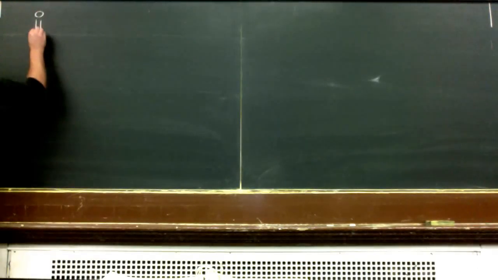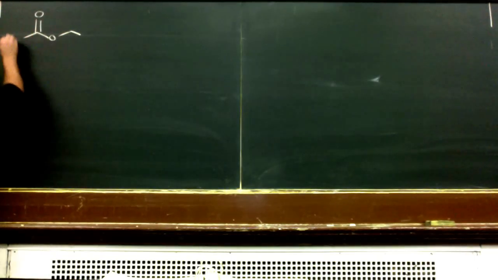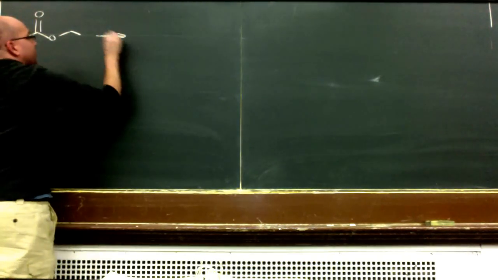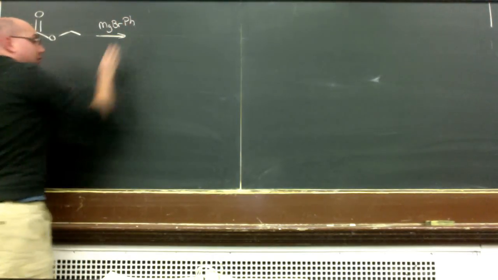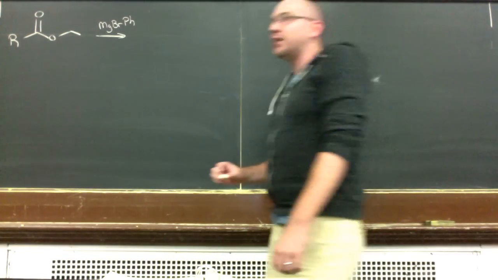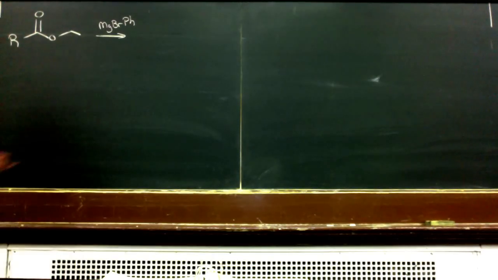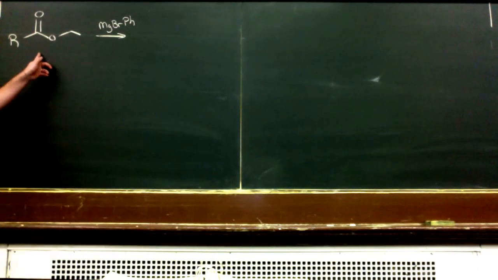We discussed that if you take, say, an ester and you treat this with, say, phenyl Grignard, this is effectively a reaction that you guys ran in the lab, first semester organic chemistry. What happens when we take phenyl Grignard and treat it with some ethyl ester?